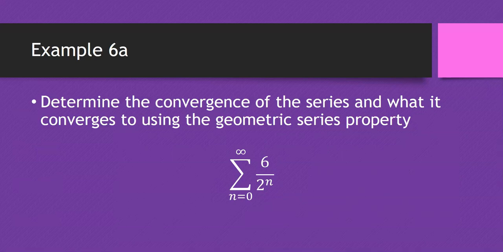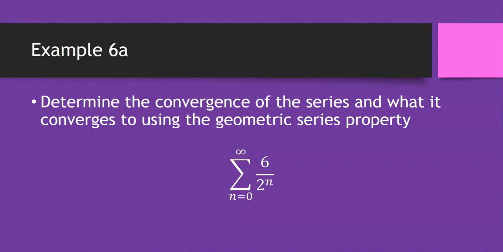All right, so here's what I'd like you to do. I'd like you to try example 6a. Example 6a says find the infinite series of 6 over 2 to the nth power, and that series starts the sum at 0 and goes out to infinity.